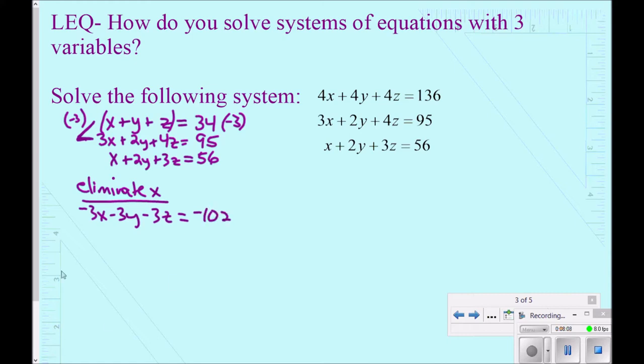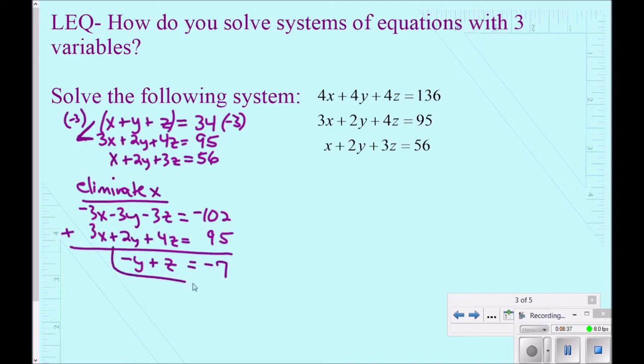And then I'll just copy the second equation, 3x plus 2y plus 4z is equal to 95. When I add those 2 equations together, I'm getting -3y plus 2y, which is -y. I'm getting 4z plus -3z, which is positive 1z. And when I add -102 and 95, I'm getting -7. So I have -y plus z is equal to -7.